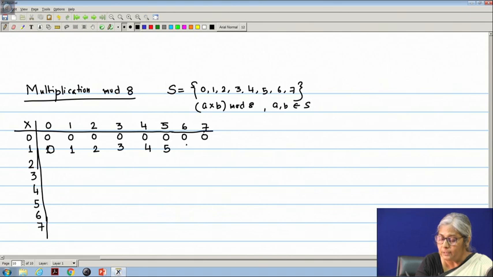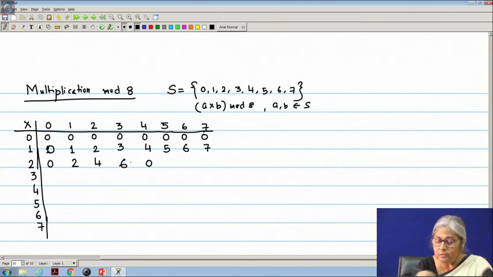All are less than 8, so the remainder will be the same when divided by 8. Now it is 0, 2, 4, 6, then 8 modulo 8 is 0. 2 into 5 is 10, 10 modulo 8, remainder is 2; 2 into 6 is 12, remainder is 4 when divided by 8; 2 into 7 is 14, remainder is 6.